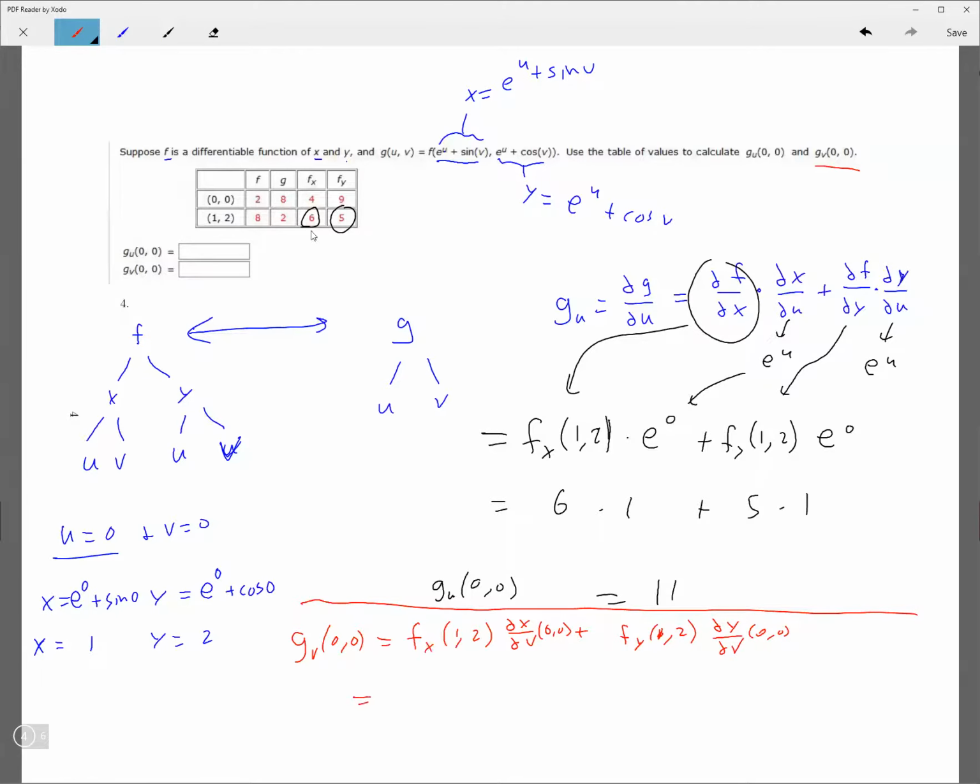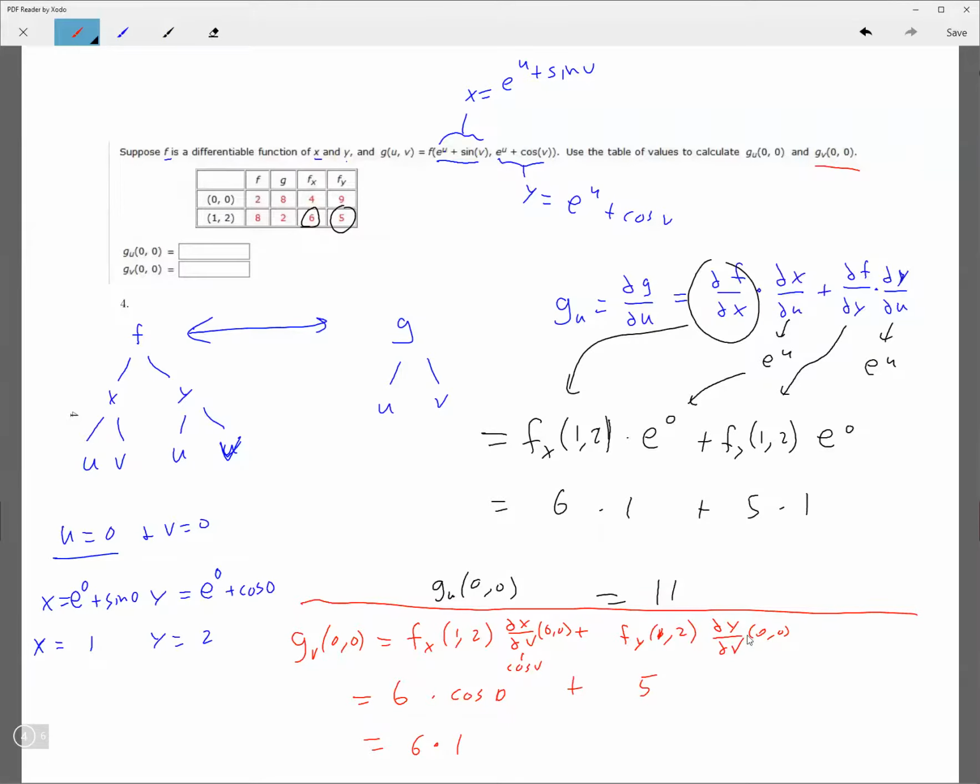So this is, again, going to be 6. This piece right here, the partial of x with respect to v, that's going to be cosine v, which if you put zeros in there, you get cosine 0, which is 1. And then this one is going to be 5 still.